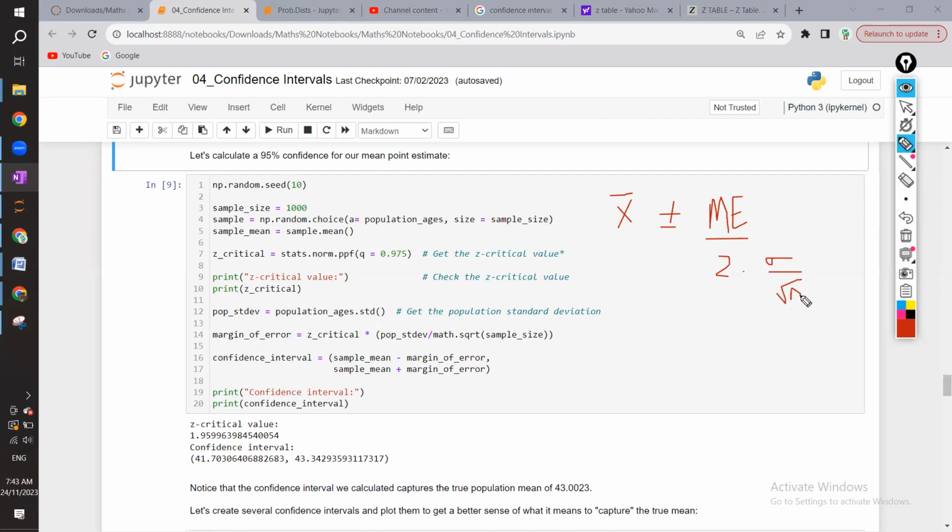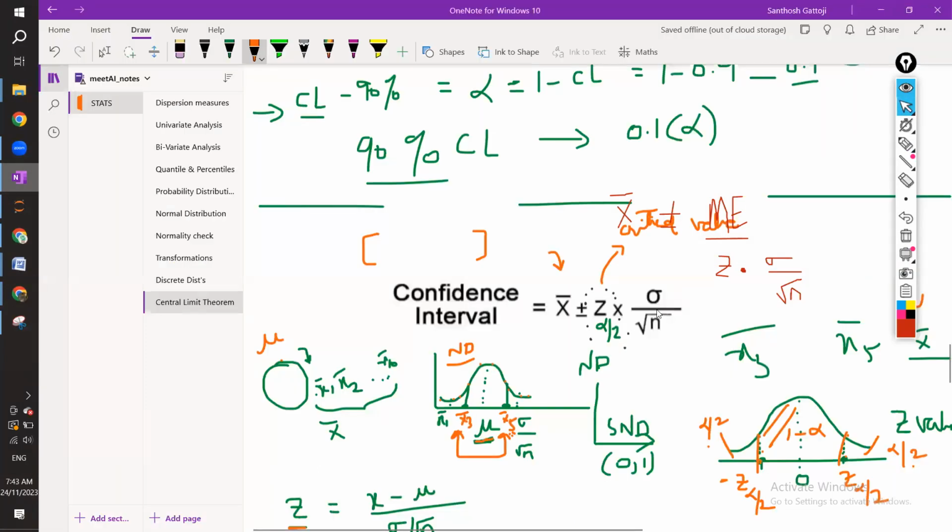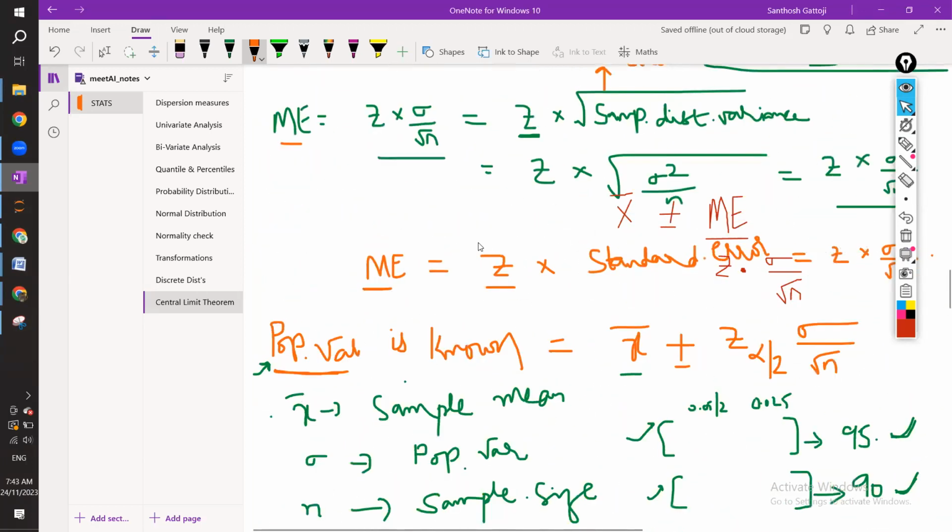Are we good till this point? Z alpha by 2 into rho by square root of n, that's the margin of error, the same formula we have written over here. Only this particular part is also called margin of error, guys. I think I already told you in some way in the back.